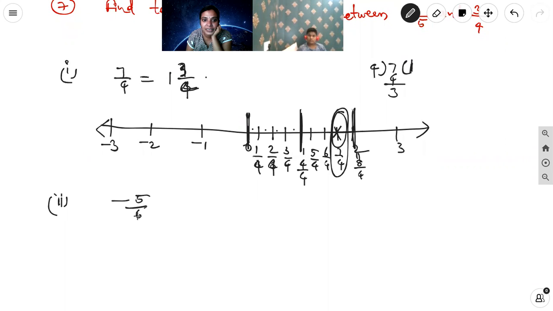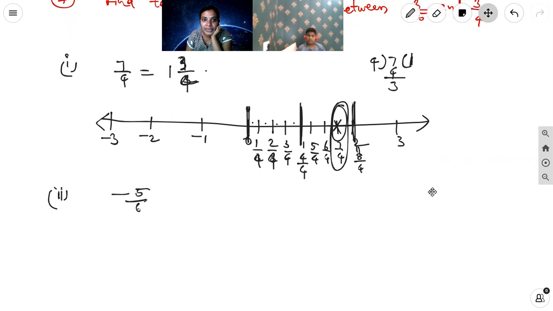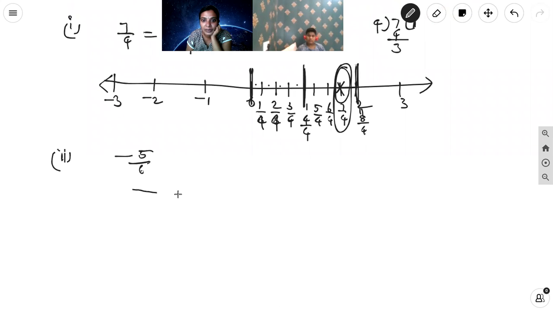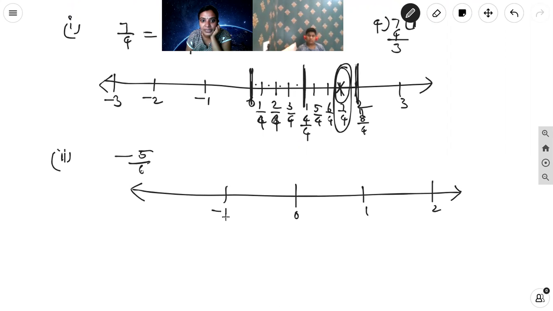Minus 5 by 6. Again, take the number line. 0, 1, 2. It's minus 1. It's minus 2. 0 to minus 1. Total how many parts? 6 parts. 1, 2, 3, 4, 5, 6.